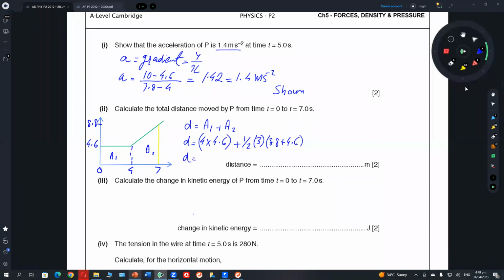I don't understand these parallel sides, how to get them. You can break it into a triangle and a rectangle, no problem. Make a triangle on the top; I will not do it because it will mess up the diagram. But the A2 can be further divided into a triangle and a rectangle. In a trapezium there are two parallel sides, but this is not a good time to take risks and try to understand how it works.